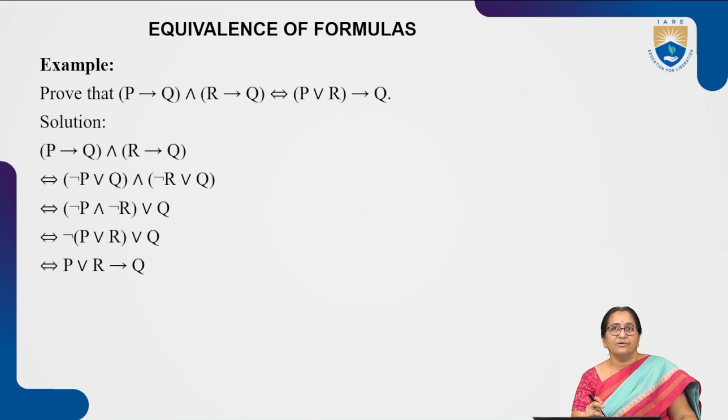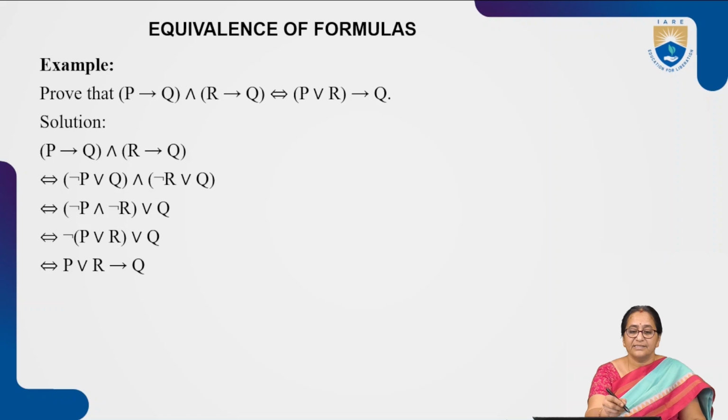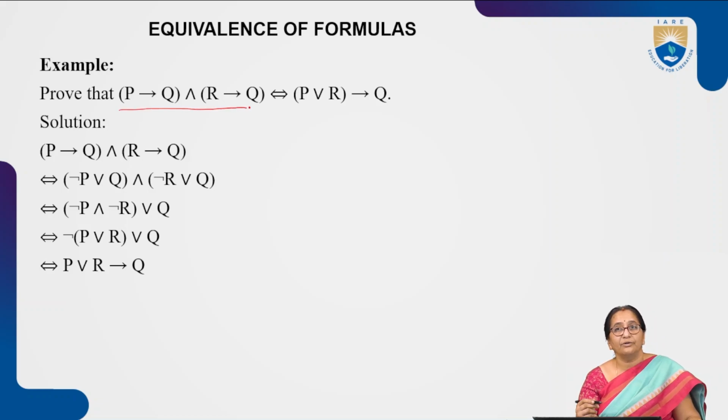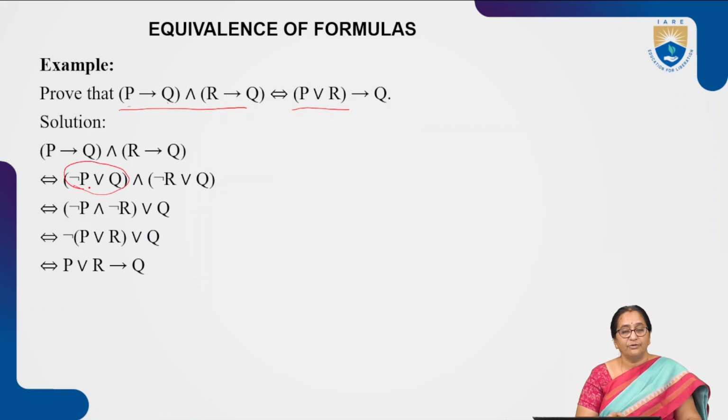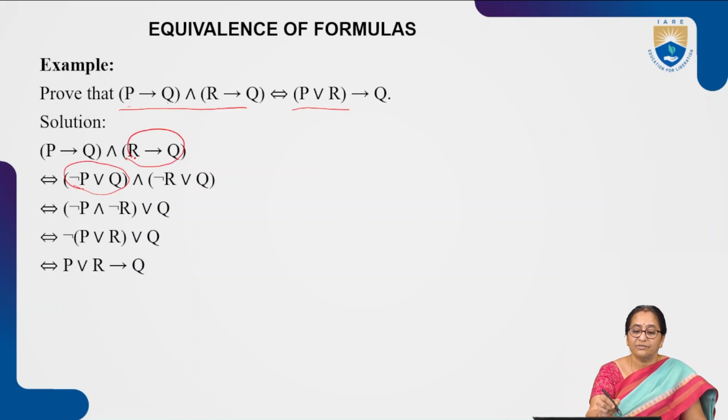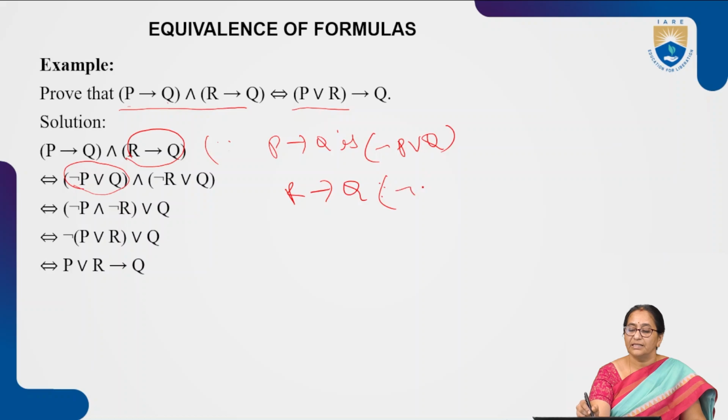The next one, we also need to prove that (P → Q) ∧ (R → Q) is equivalent to (P ∨ R) → Q. We know P → Q is equivalent to ¬P ∨ Q. Similarly, R → Q is also equivalent to ¬R ∨ Q. These are the two, and the ∧ operation stays the same.